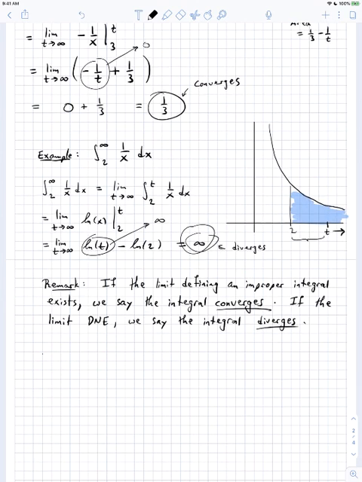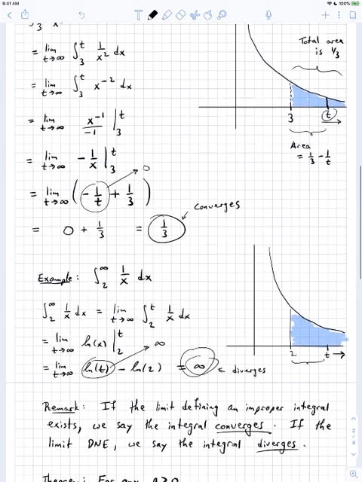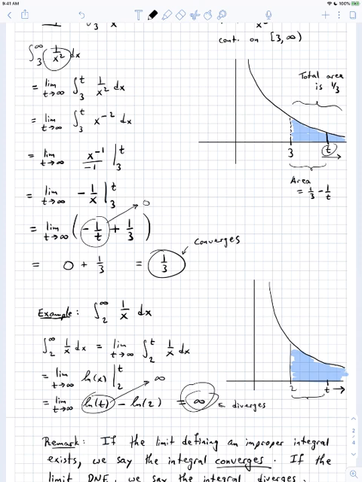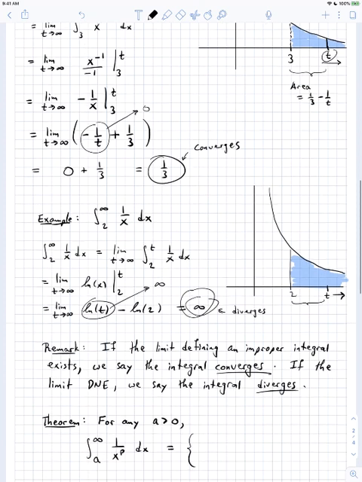We can have a theorem here, which corresponds to one that we saw before, and the theorem is that for any a greater than 0, the improper integral from a to infinity of 1 over x to the p dx equals, well, we saw an example here where we started with p equals 2, and that converged.